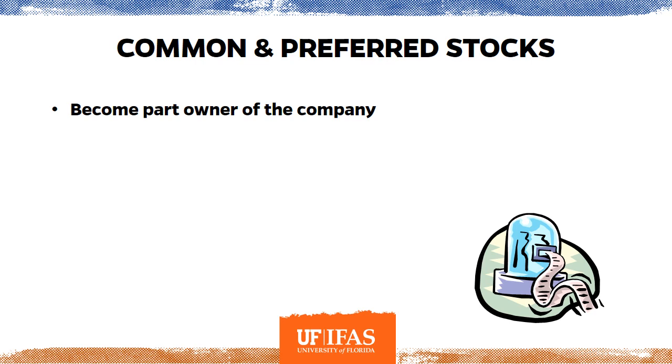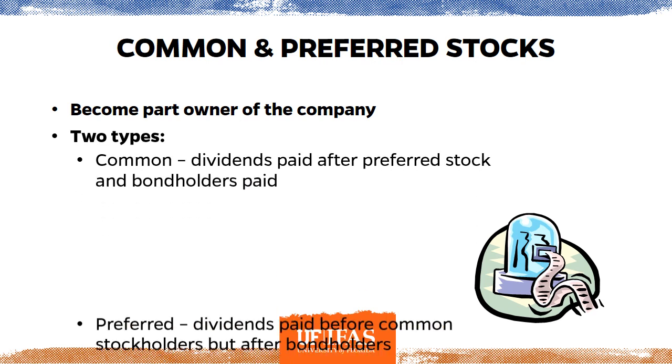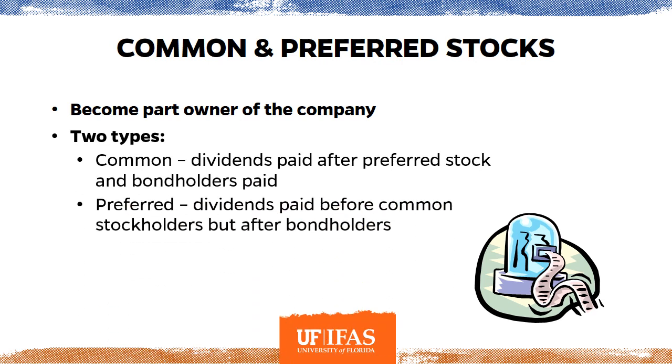When you buy that stock, a share of that company, you can choose from two different types, either common or preferred. Of course, the preferred is going to be a little bit more expensive than the common per share, but preferred stock means that you'll get paid your dividends.